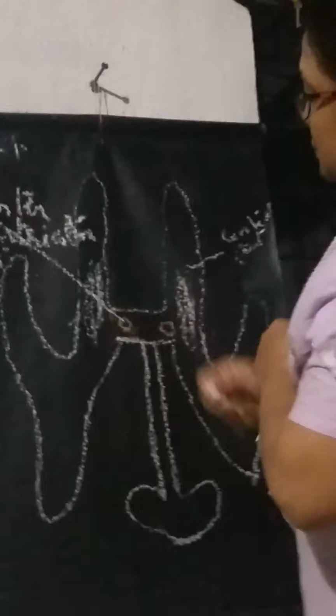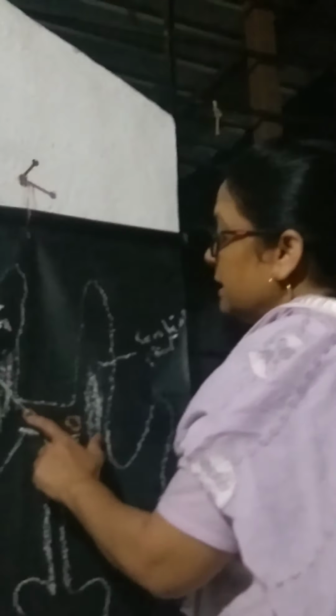The two ventricles over here are communicated by the interventricular foramen. This is the interventricular foramen.